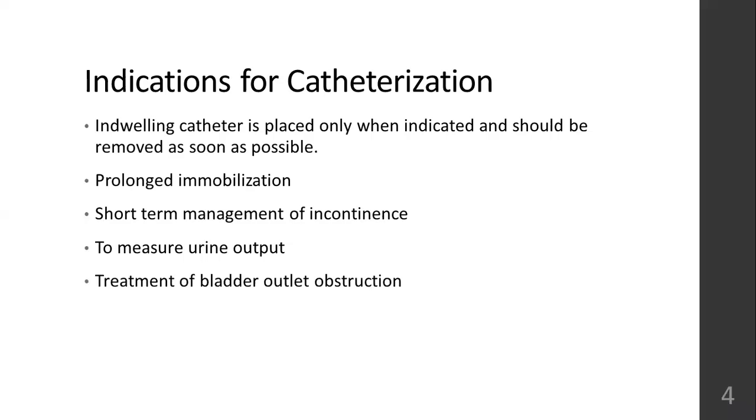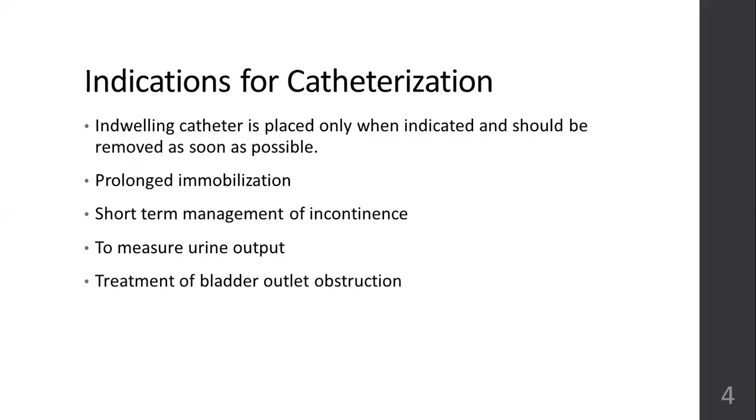Then treatment of bladder outlet obstruction, like if there are any stones obstructing the flow of urine, or maybe some tumors growing into the bladder or the ureter which are causing obstruction.